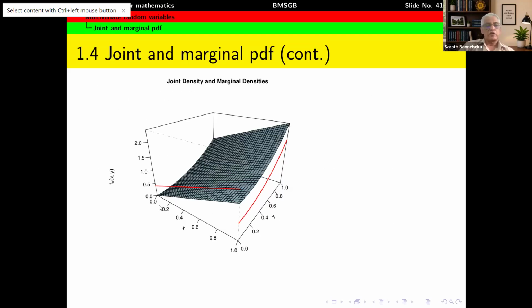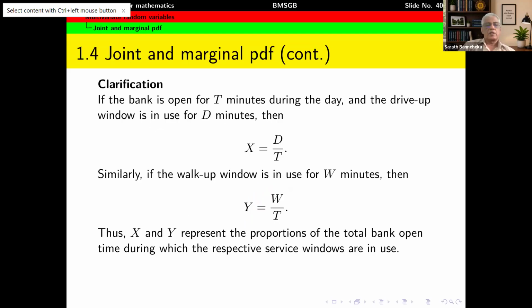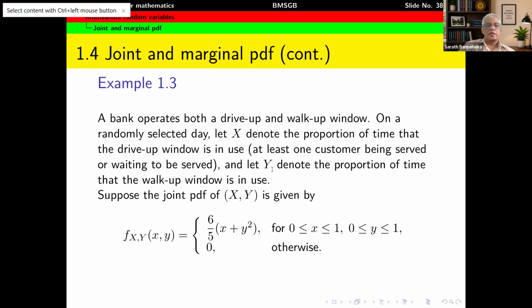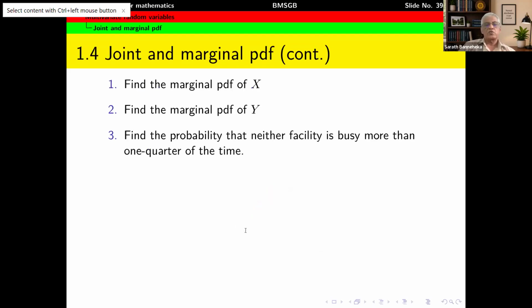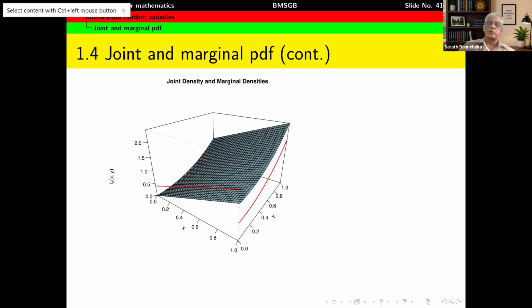X can be from 0 to 1, y can be from 0 to 1, so the surface is over the whole rectangle. You can see that it is a surface, and it's linear in terms of x but quadratic in terms of y, so there is a curve going up here.